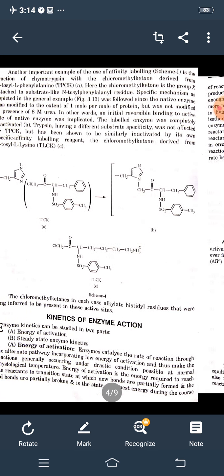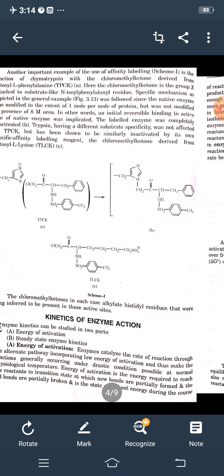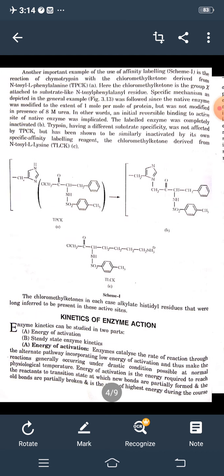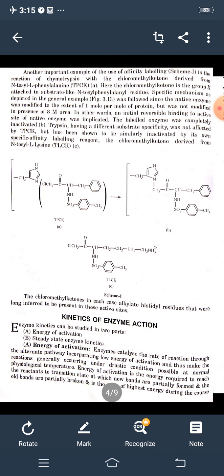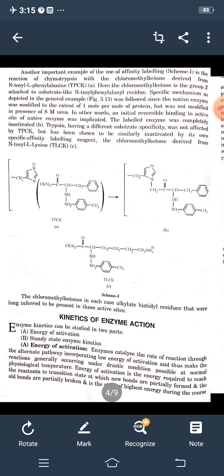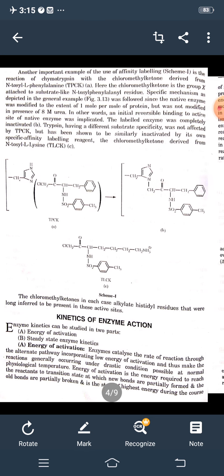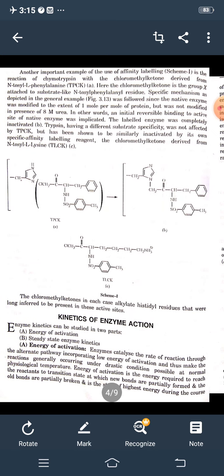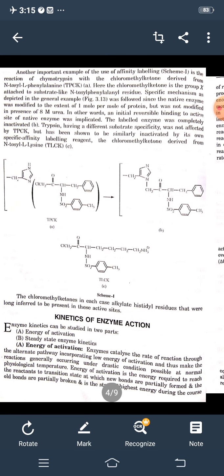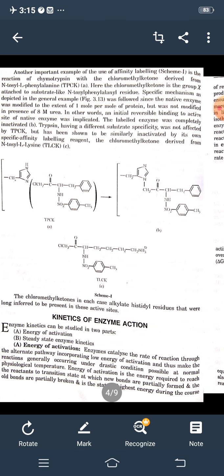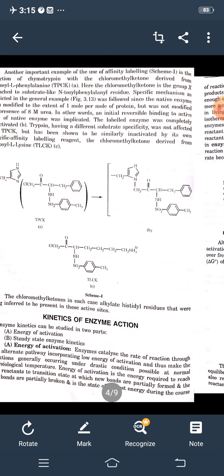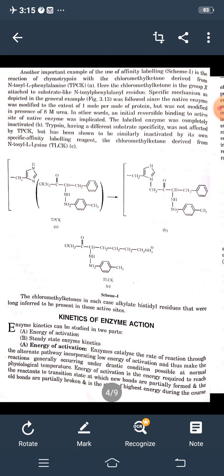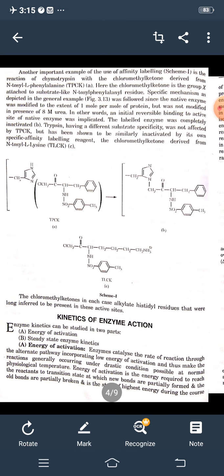So another important example of the use of affinity labeling scheme first is the reaction of chymotrypsin with the chloromethyl ketone derived from tosyl-L-phenylalanine, TPCK, and here this chloromethyl ketone is the group X, which is attached to the substrate like tosyl phenylalanine residue.